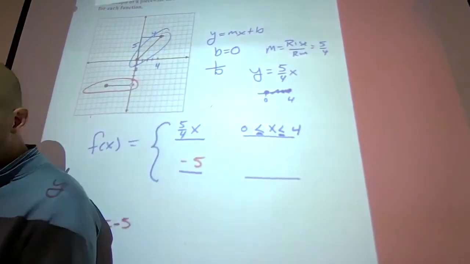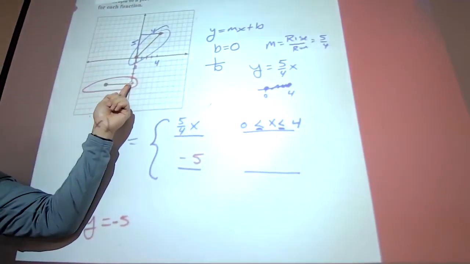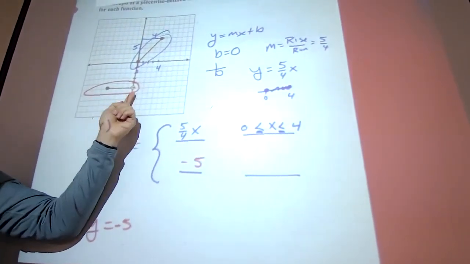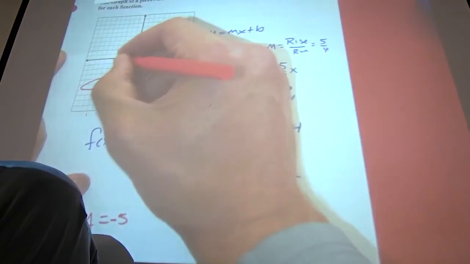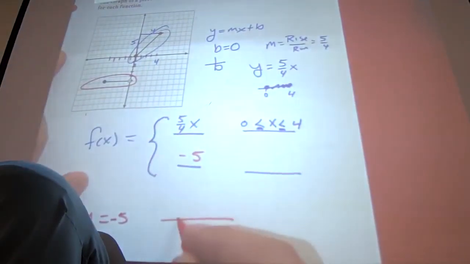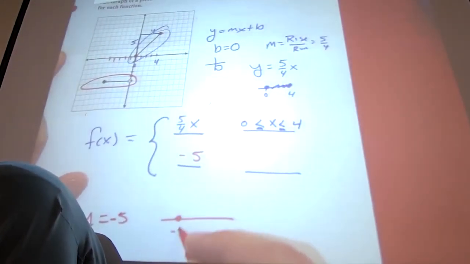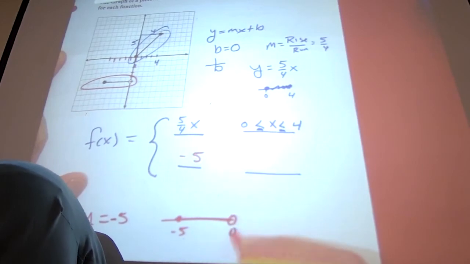Now it's not graphed throughout the whole thing. It's graphed from this x value to this x value, from left to right. So I count: this is 0, -1, -2, -3, -4, -5. So if I think about it on a number line, here's -5. That's a solid dot, and going across to 0.